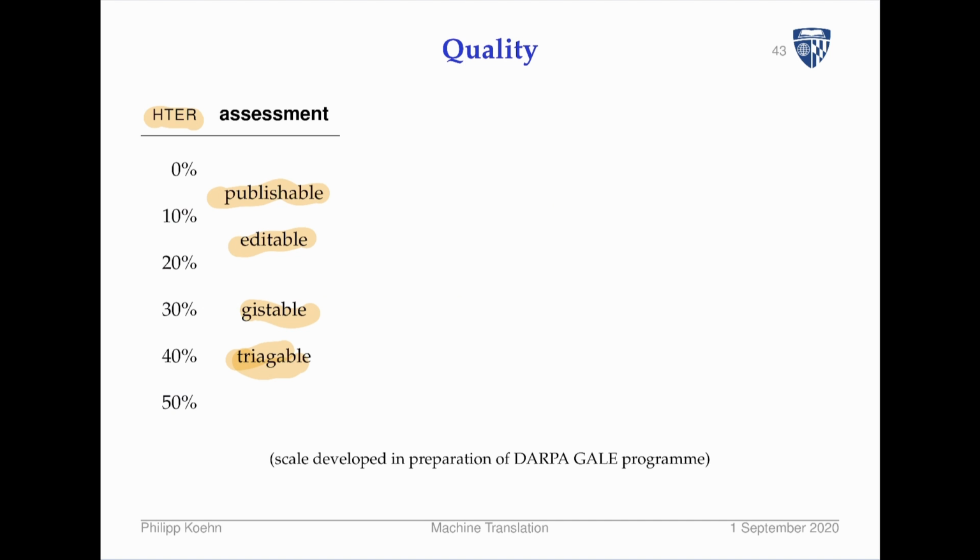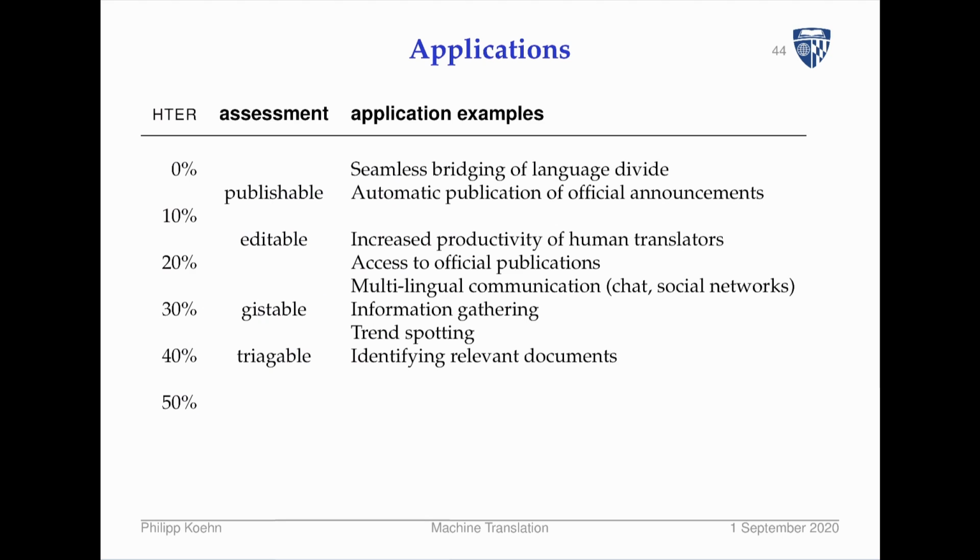And the last one is triageable, which is really just: can you figure out roughly what this text is about? The triage here is, is it something that interests me or not? If it interests me, then I can maybe give it to a human translator for further assessment.